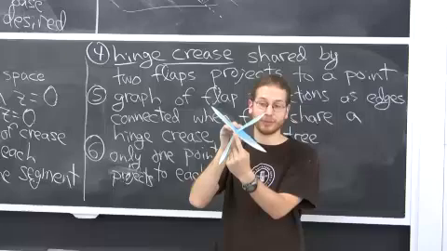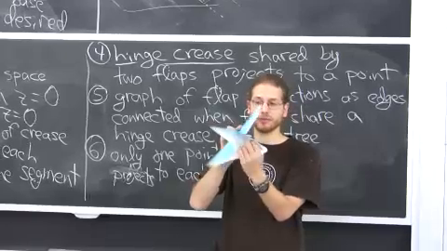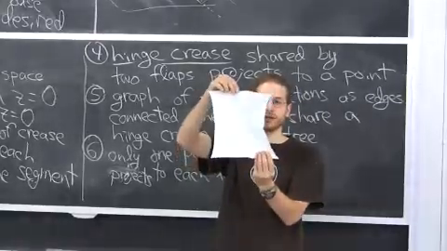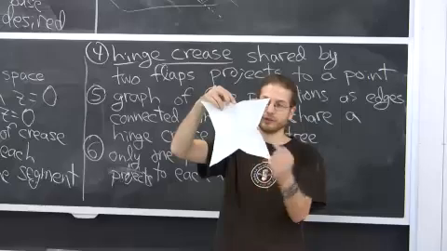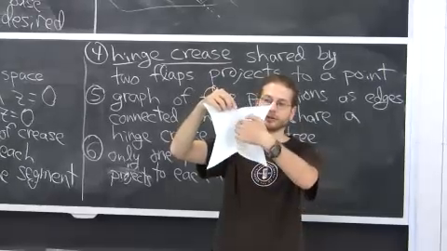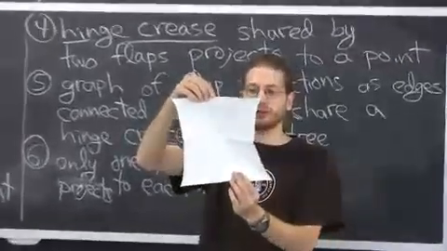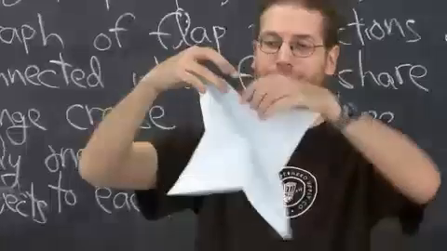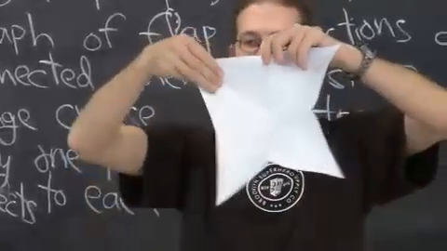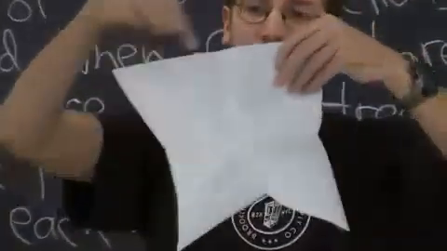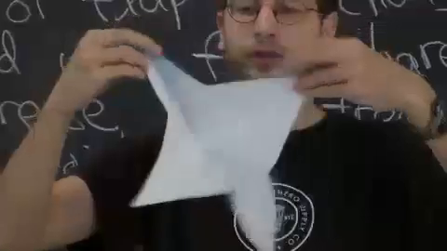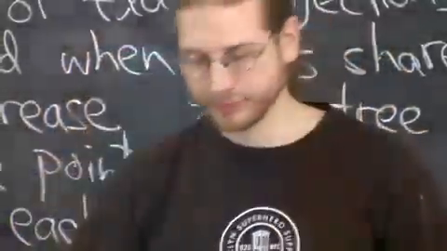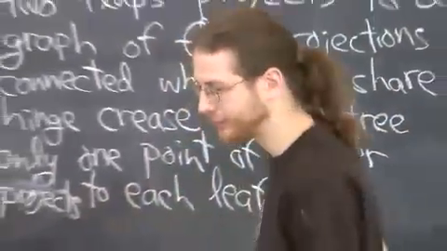Here I'm joining 4 of them at a vertex, because if you unfold it, they all share hinge creases. Hinge creases in this case are the perpendiculars, these 4 guys. Okay, so I've got a flap over here, they share a hinge, so I connect them together in the graph. It's just a formal way to make the graph correct.